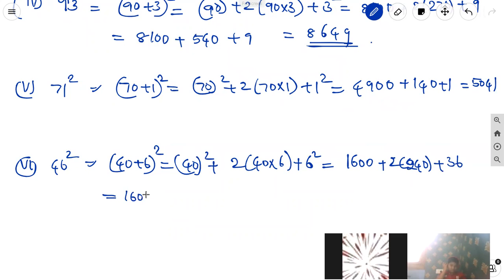It's 1600 plus 480 plus 36, which is equal to 2116. This is the way how to find out the squares of any number. Okay. The second problem.